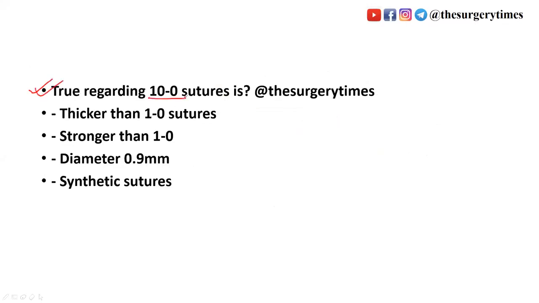True regarding 10-0 suture is: thicker than 1-0 suture, stronger than 1-0, diameter, and synthetic suture. So these are thicker and stronger, whereas this is thinner.